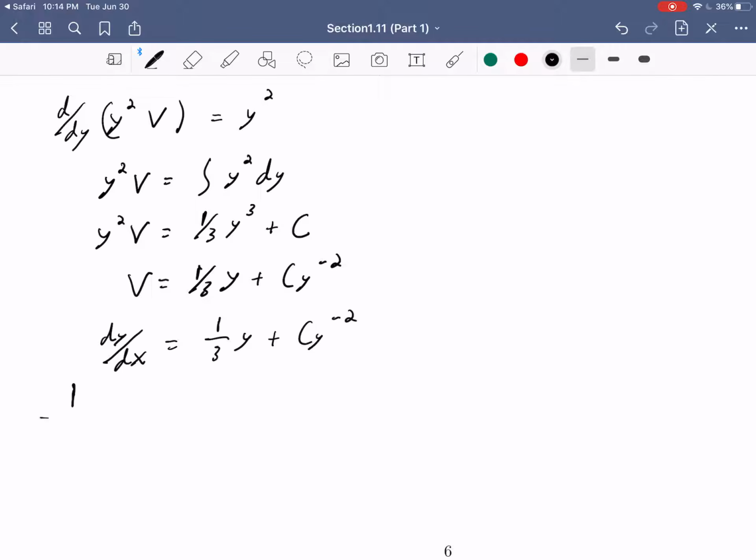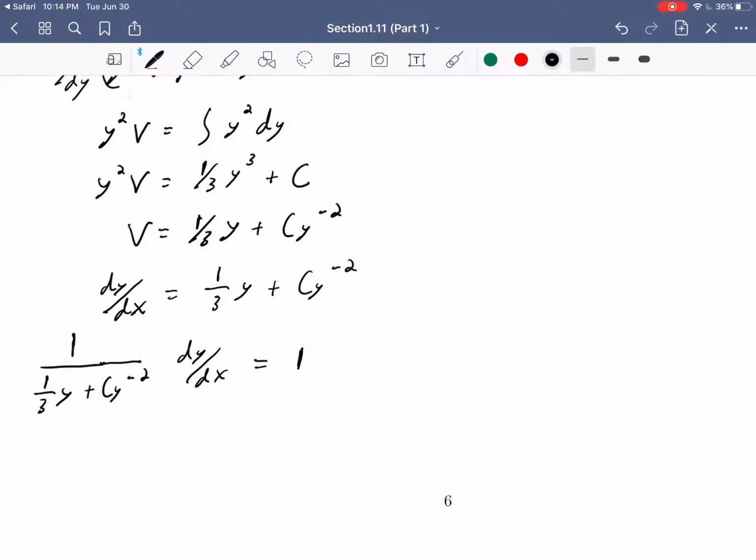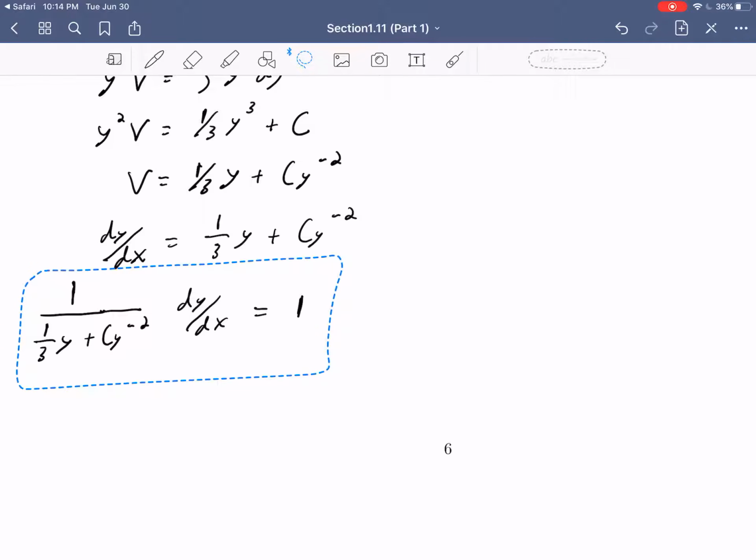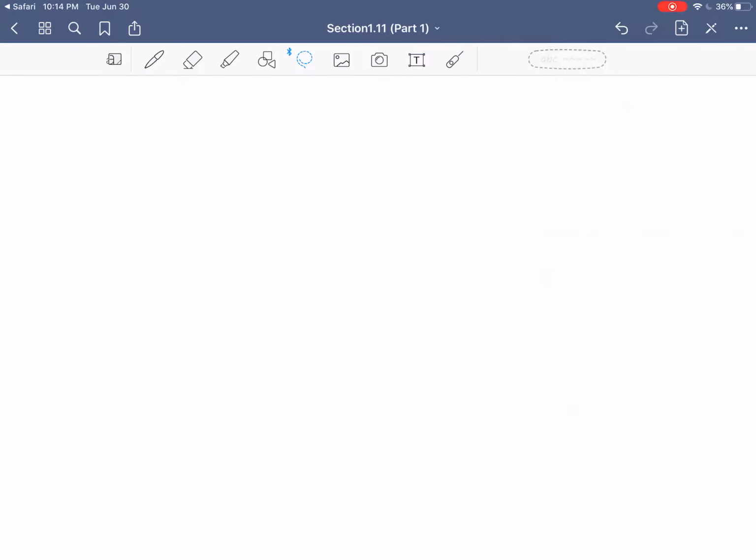So we get this really ugly expression, 1 over 1/3 y plus c y to the minus 2 dy/dx is equal to 1. We'll probably take this on to the next page because it's going to take a little bit of work to actually integrate that. So let's give ourselves one more sort of page here.